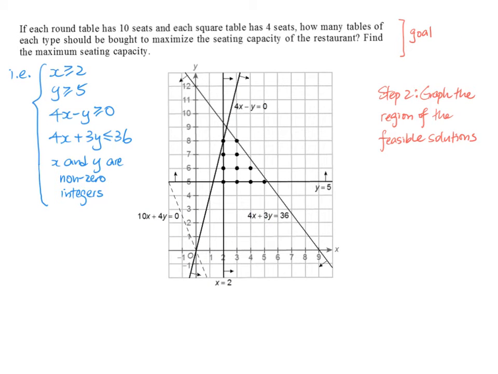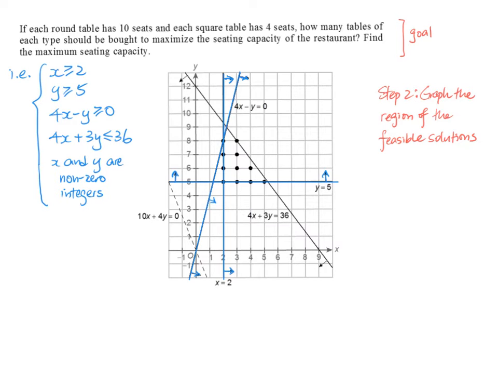Step 2 is to put all these 5 things onto the graph. For X greater than or equal to 2, this line points to the right because it's greater than or equal. The second one is Y greater than or equal to 5, that is this line, and we point upward. For the third one, we first draw 4x minus y equals 0. We can't use 0, 0 because it lies right on the line, so we pick, say, 1,000, 0.